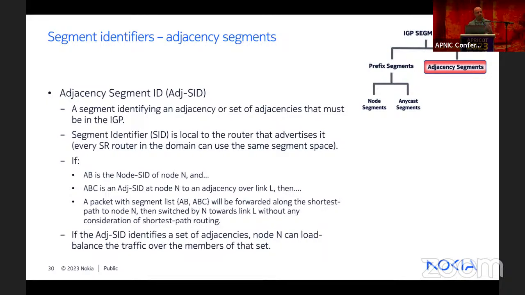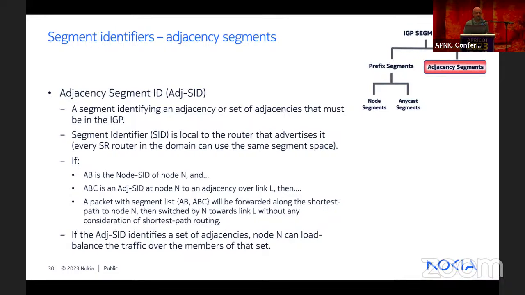Okay, so that was all about node segments. Now we'll look at adjacency segments. Adjacency segments identify adjacencies or links in the network, and typically the adjacencies are your IGP adjacencies. There's a big difference between adjacency segments and node segments: node segments are globally significant, but adjacency segments are locally significant.